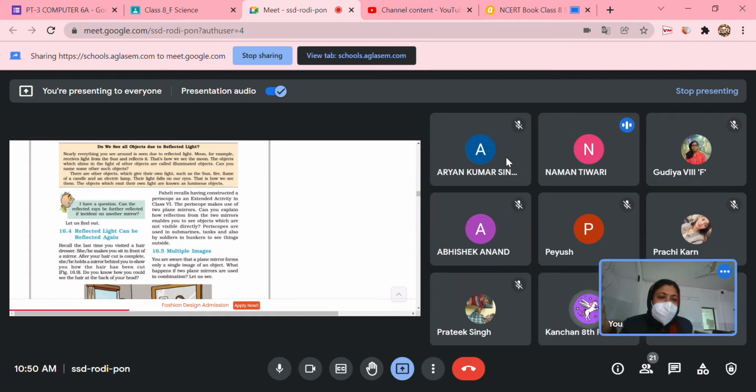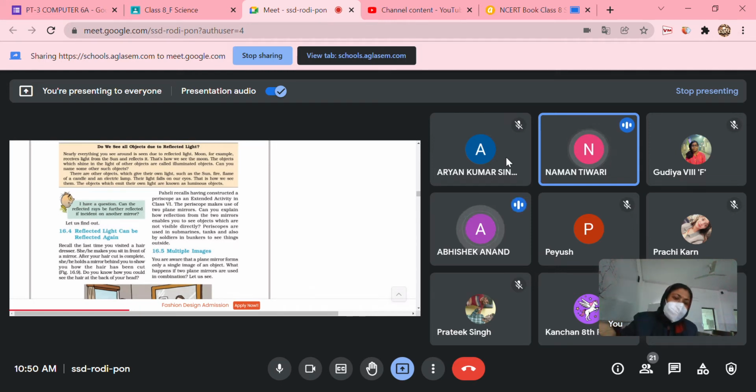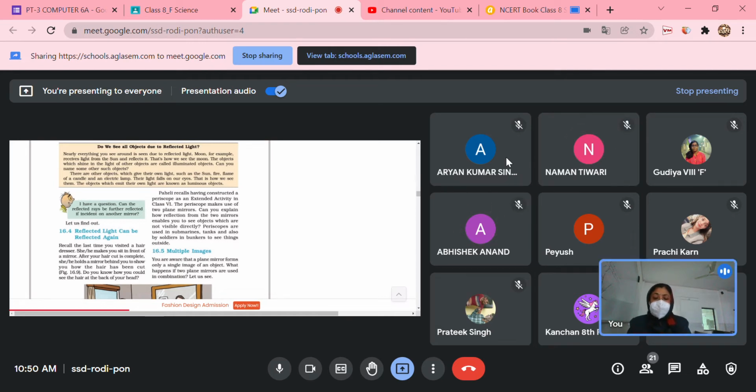Yes, Naman? Luminous objects have their own light, and non-luminous objects do not have their own light. They take light from other things, like the Moon takes light from the Sun. The light falls on them from a luminous source and they only reflect it, and in turn they get illuminated.